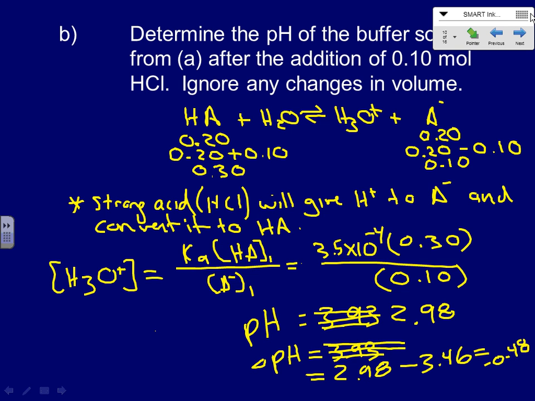And remember, this is strong, so they all fall off. That means my H3O plus is 0.10 moles per liter. What's the pH of 0.1? In other words, negative log of 0.1.